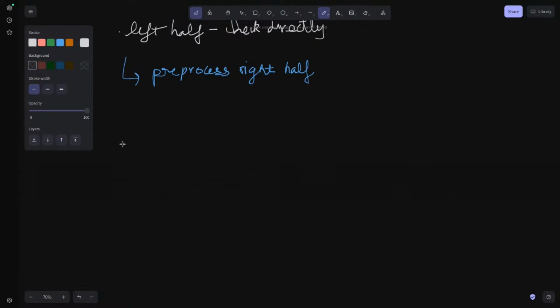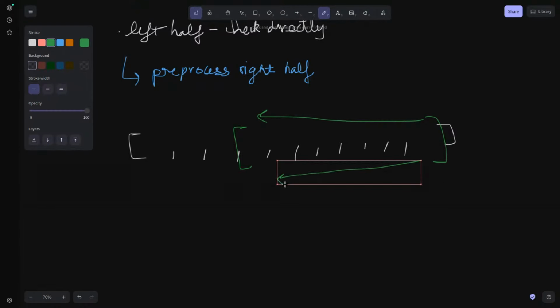And the way we can do that is, if we go from right to left instead of left to right, then if something is strictly decreasing from left to right, that thing must be strictly increasing from right to left, right? It should be something like this. This thing should be strictly increasing from right to left, correct?